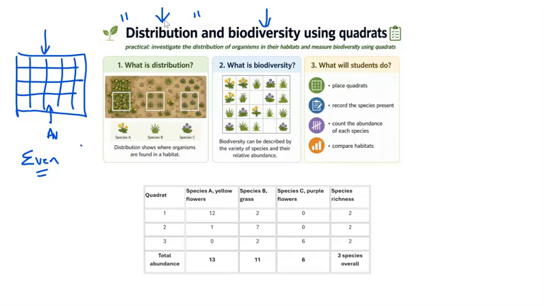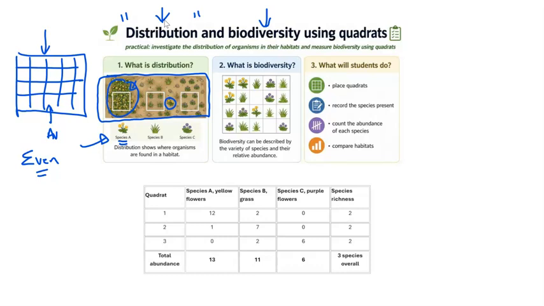However, if we take a look at this diagram here, our sample site is here. And although the images are quite small, we can see that in the quadrats the species A is concentrated into this zone here. And whilst it's still present over here, it's less so. And so the distribution is uneven.